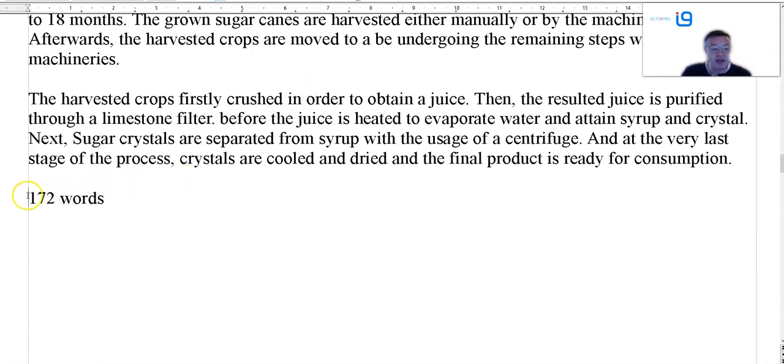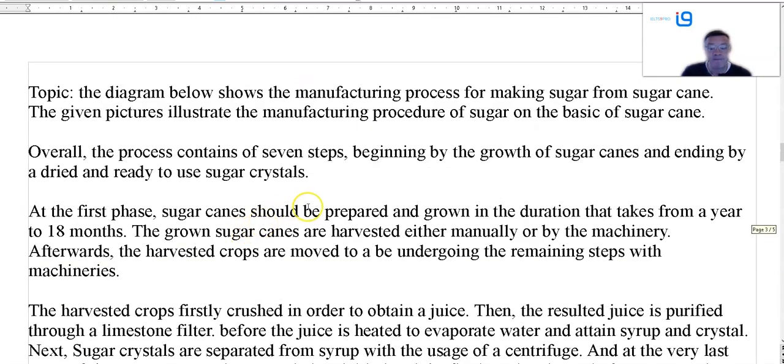This one's better, 172 words. Okay. Well, the diagram below shows a scientific process make sure sugar cane, the given picture. Right, well, I don't know why it's got 2 things here. The diagram shows the given pictures illustrate the process.